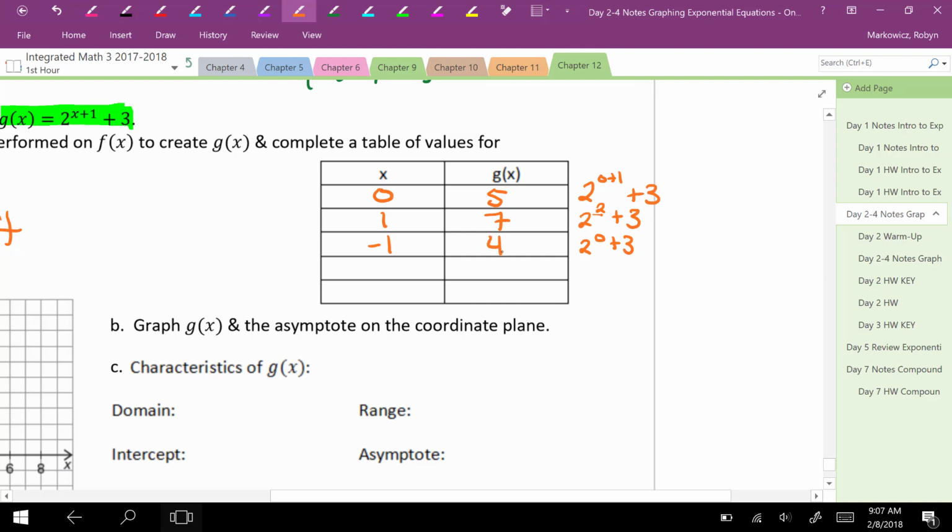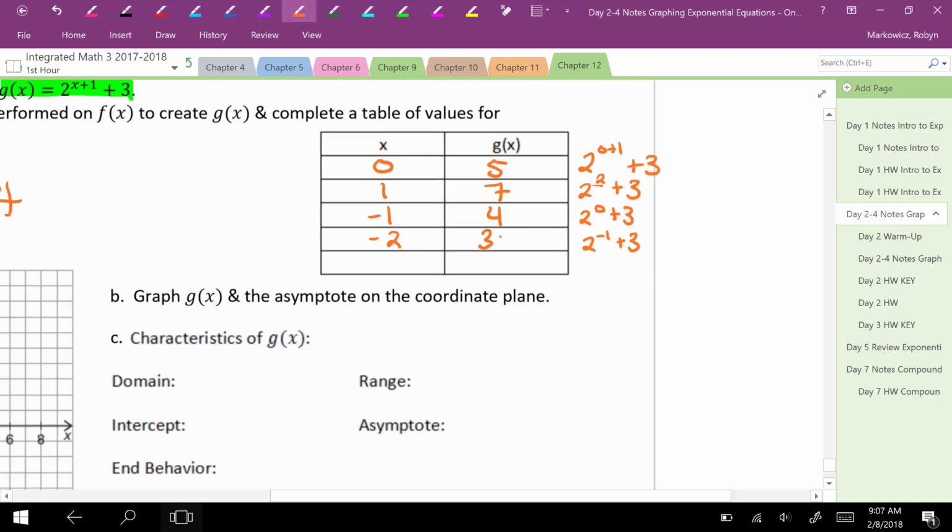All right, give me one more. Negative 2. What is negative 2 plus 1? Negative 1 plus 3. So what's 2 to the negative first? 1/2. What's 1/2 plus 3? 3 and a half.